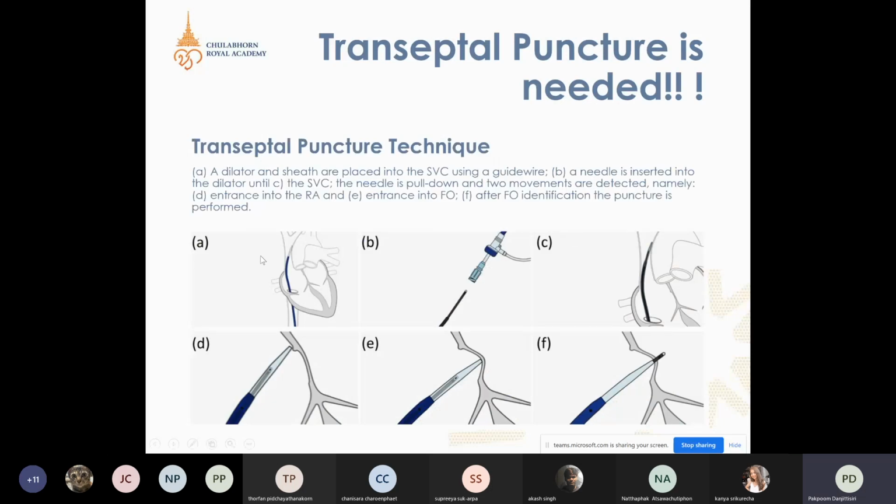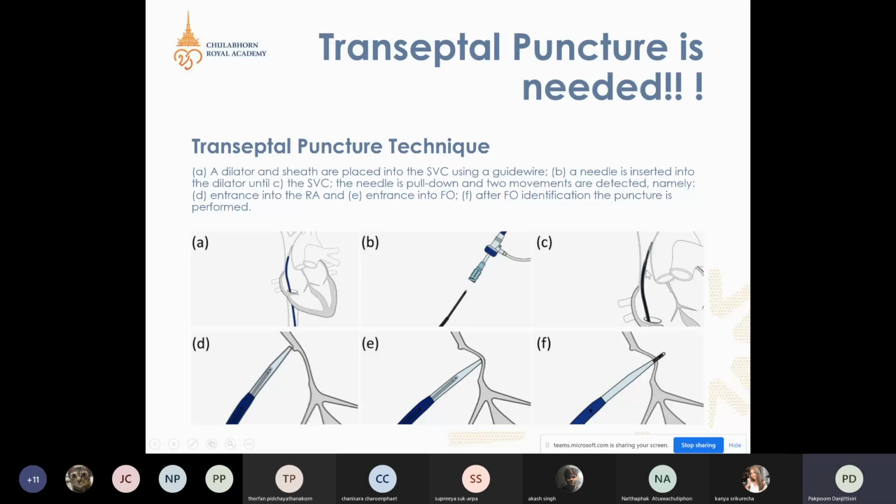Definitely look at the picture. The dilator and sheath are placed into the SVC here using a guide wire. And then a needle is inserted into the dilator until the SVC.